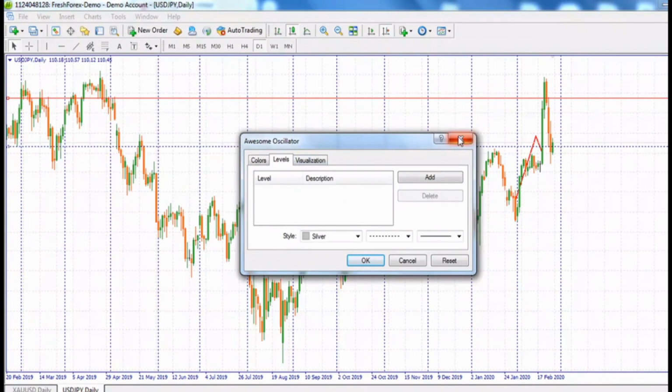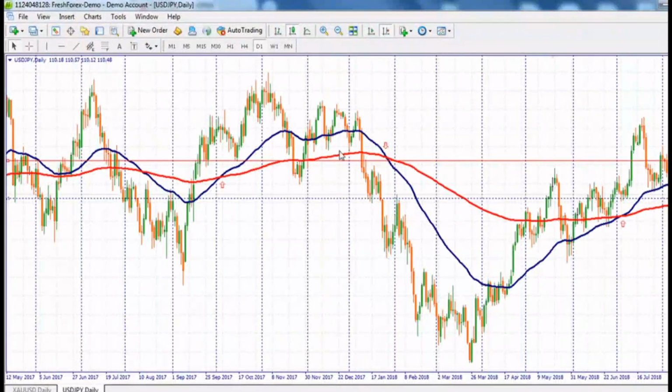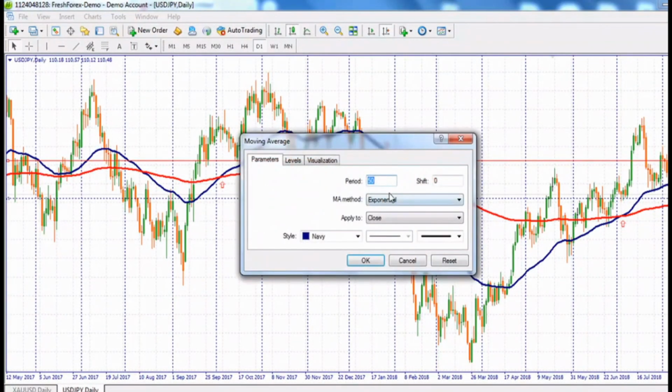And when the fast moving average goes below the slow moving average, that's a sign that you're supposed to look for a sell. The reason I've set the period to 50 and I'm using 200 is because I want to find the average for the longest possible time, that is 250. They are the best combination so far.